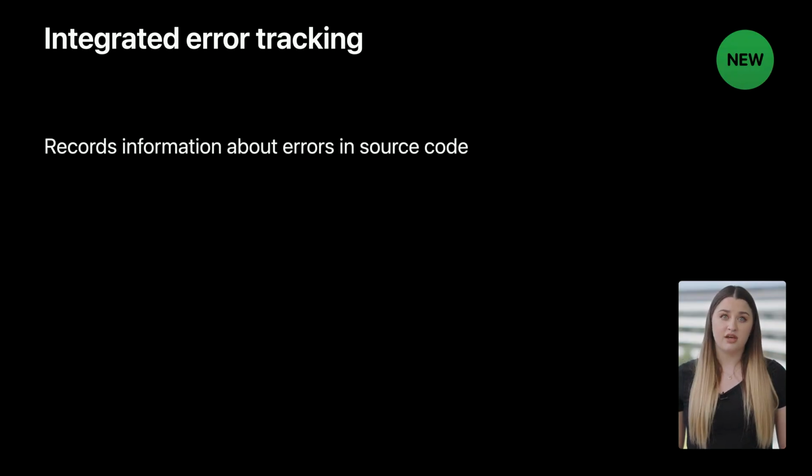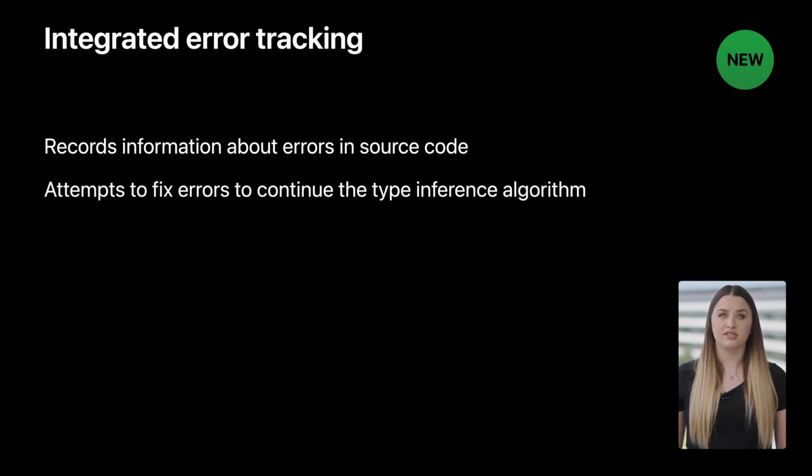Making mistakes in the code that we write is inevitable, and programming languages and their tools must be designed to account for our limitations as humans. The Swift compiler is designed to catch these mistakes by integrating error tracking into the type inference algorithm to use later on in error messages. During type inference, the compiler will record information about any errors it encounters. Then, the compiler uses heuristics to fix errors in order to continue type inference.